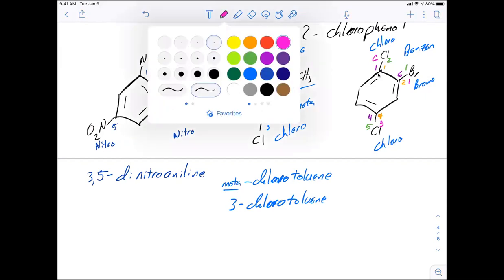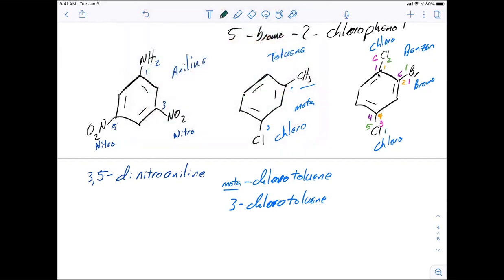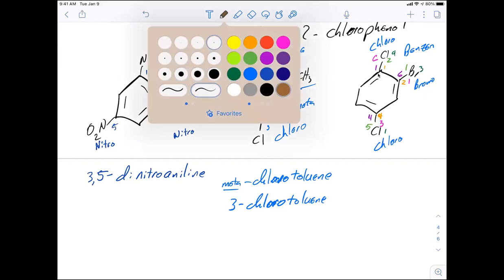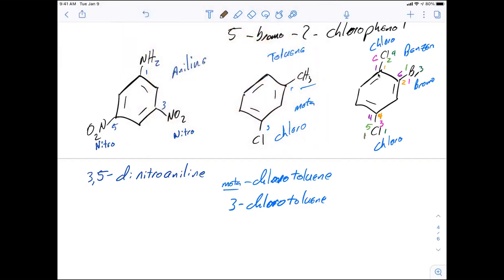Or I could go 1, 3, 4. Or I could go 1, 2, 3, 4, 5. So we've got 1, 2, 4, 1, 4, 6, 1, 2, 5, 1, 3, 6. And this does seem like overkill, but one day you'll get it wrong if you don't do all of them. 1, 4, 5, and then 1, 3, 4.